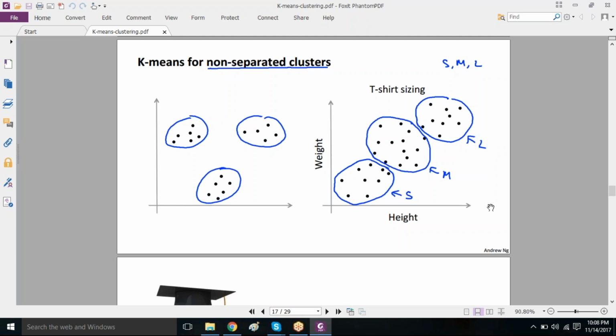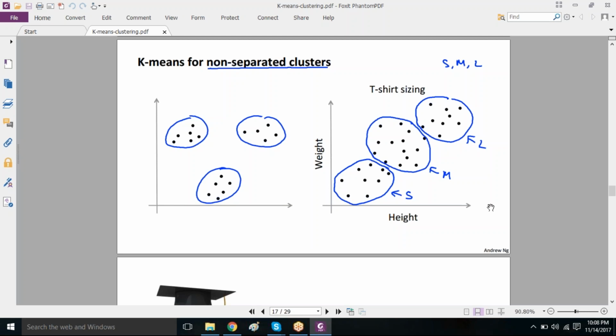But on the right hand side, they are just data points, which when you apply the clustering algorithm with k equal to 3, it has found three clusters within.